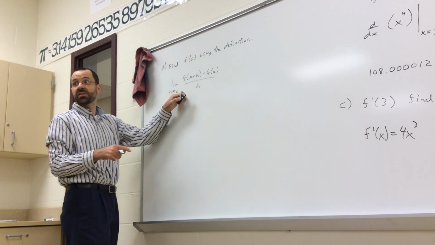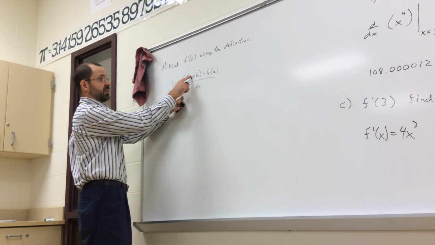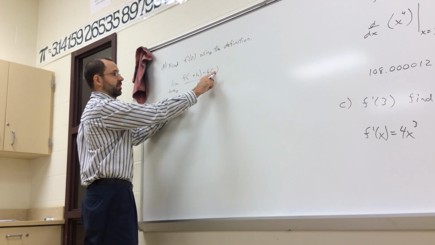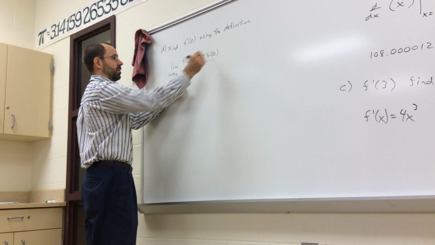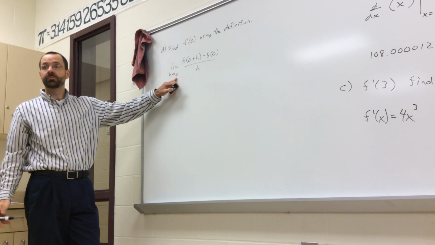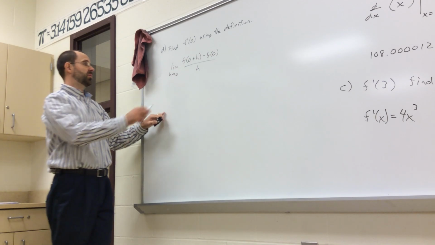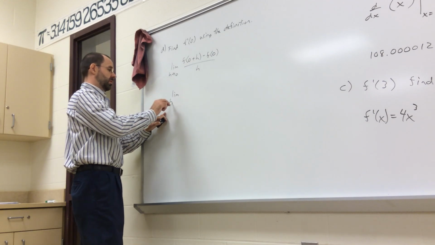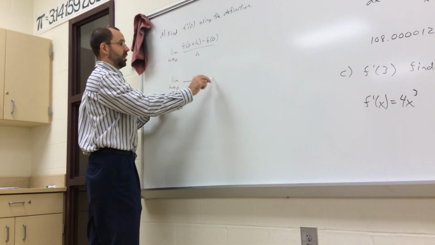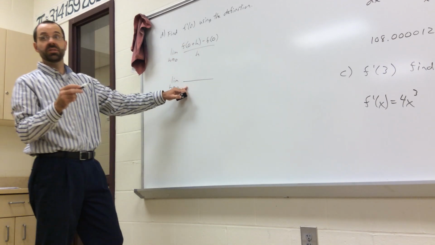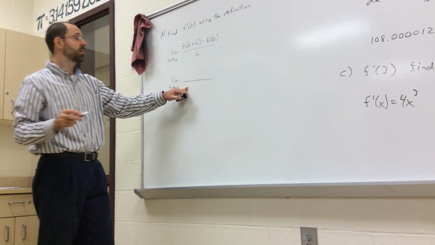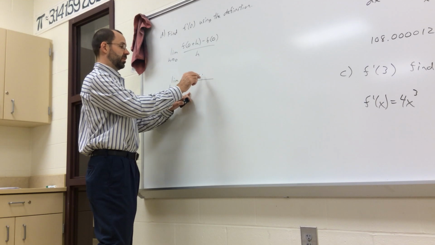Okay, so since we're finding the derivative at 0, that means we should put a 0 in these spots. So f of 0 means take the absolute value of 0, so that's 0.